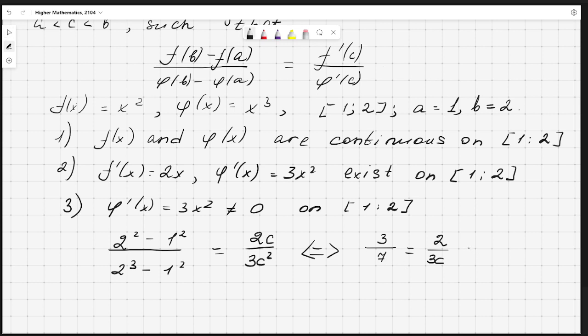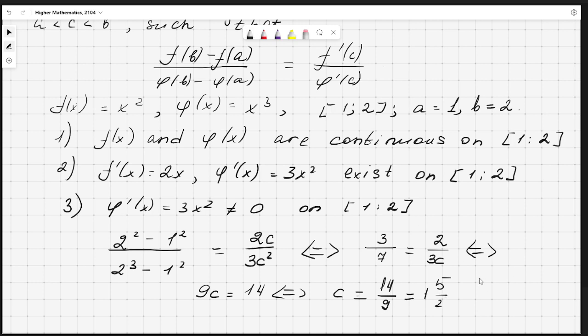From this, 9c equals 2 times 7, 14. From this, c equals 14 over 9. 14 over 9, it is 1 and 5 over 9.